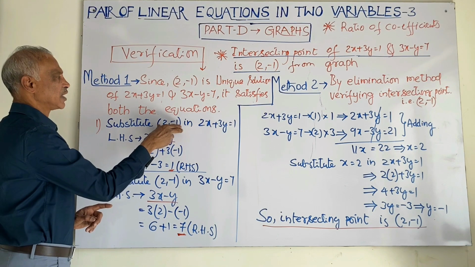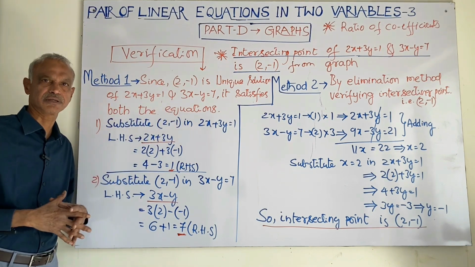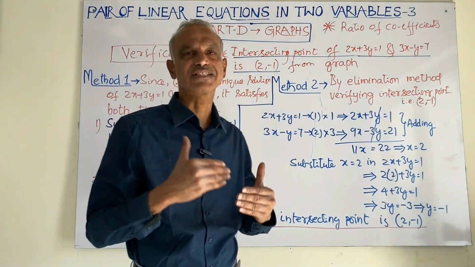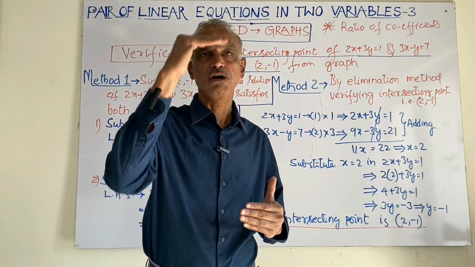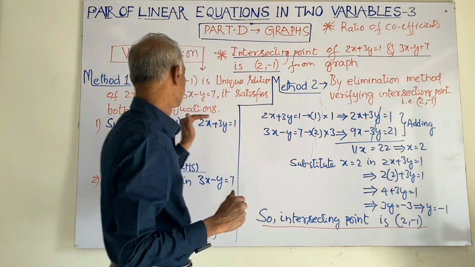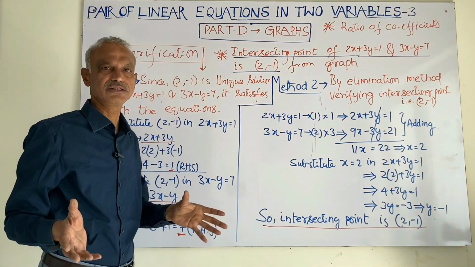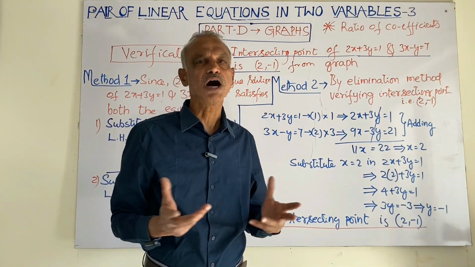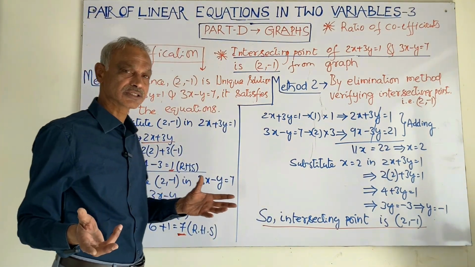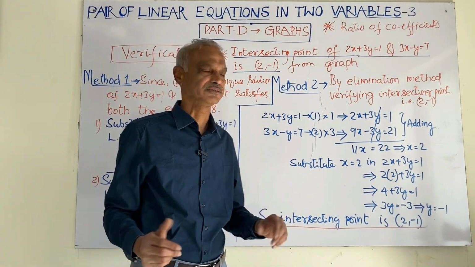It is a common point for both equations. You should remember, the common point in the solution sets of these two lines is (2, -1). In parallel lines, you don't get a common point. In coincident lines, many common points will be there.